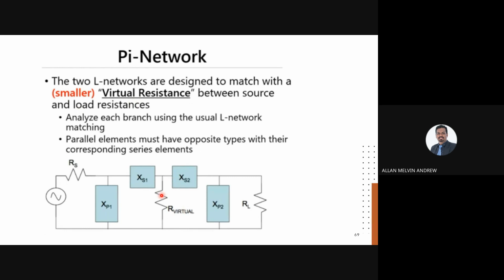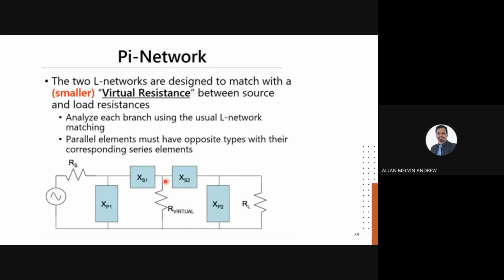If the current is going through here, it will not choose this path because there is a higher resistance or impedance here, so it will choose this virtual resistance, which is much smaller.